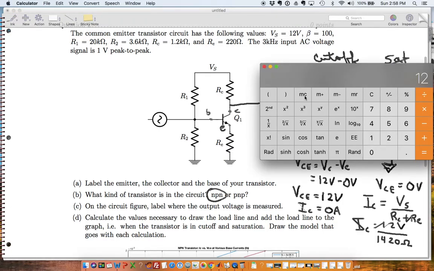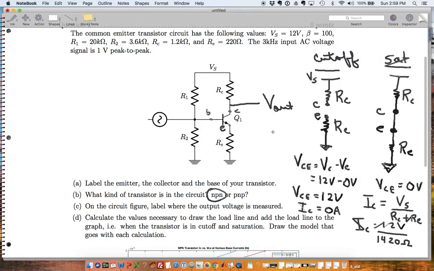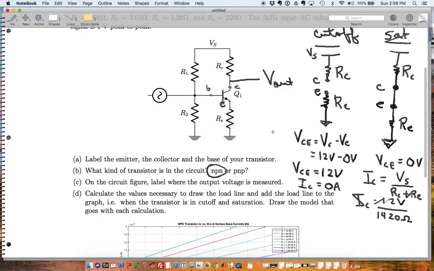So 12 divided by 1420 equals 8.5. So I have IC equals 8.5 milliamps. And so that's my max value that I can have.